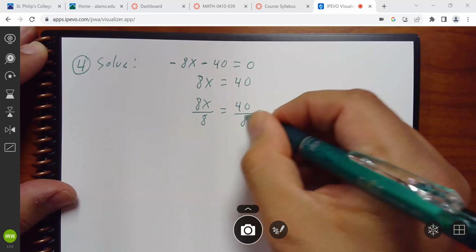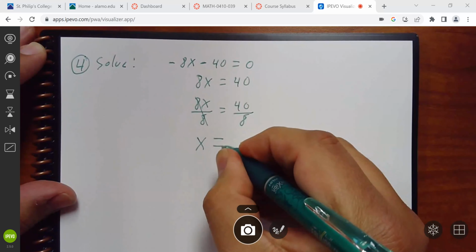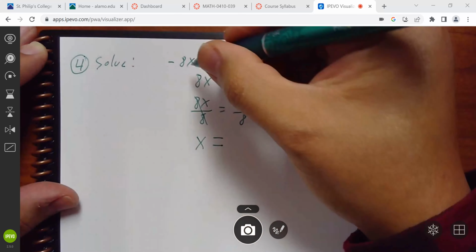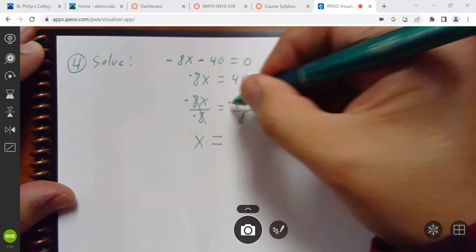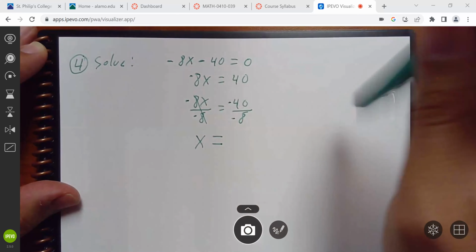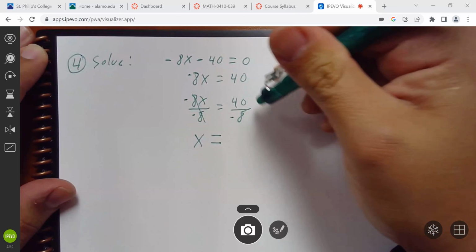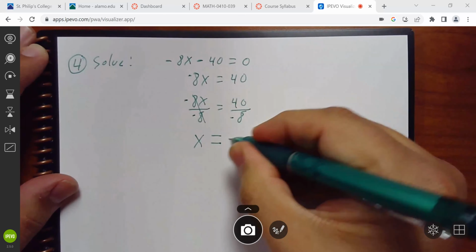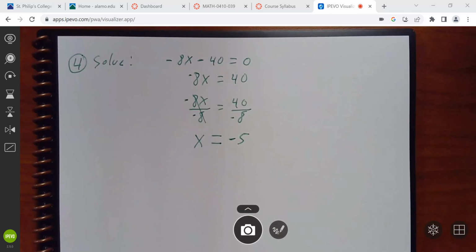What's 40 divided by 8? That is negative. 40 divided by 8 is negative 5.